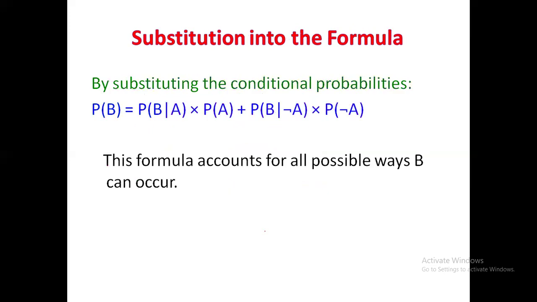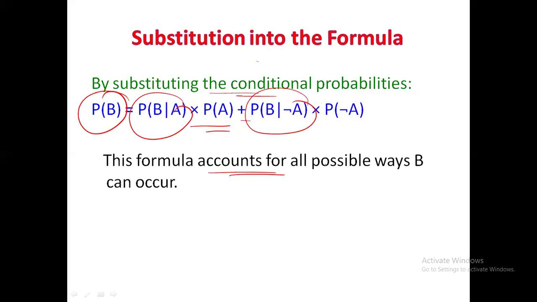And if you are using some substitutions in the formula, probability of B, by substituting these conditions, is probability of B given A into probability of A plus probability of B given A bar into probability of A bar. This formula accounts for all possible ways B can occur.